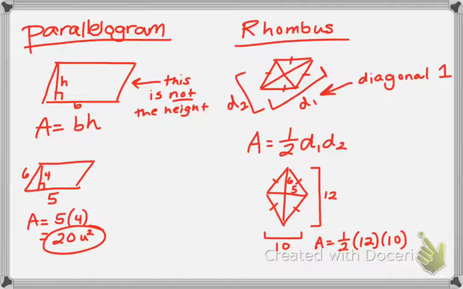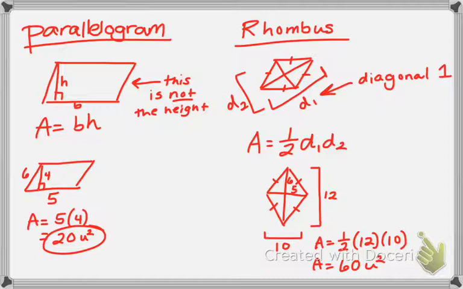So 1/2 of 12 is 6, 6 times 10 is 60, or you could think 12 times 10 is 120, 1/2 of 120 is 60. Either of those work.